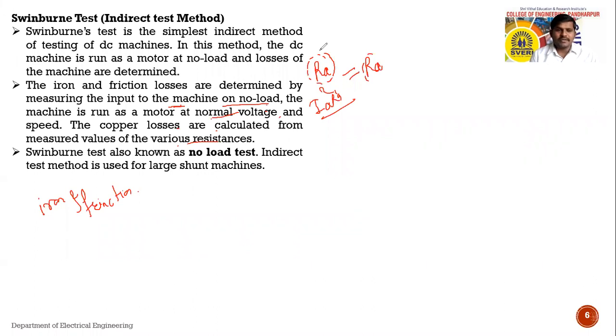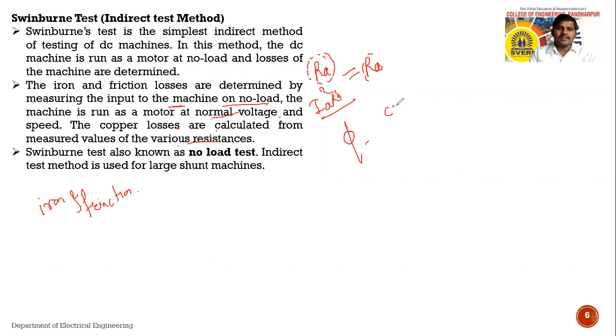This Swinburne test can be carried out on a machine whose flux remains constant. That means for a machine whose flux is constant, we are able to perform the Swinburne test, that is phi is constant.